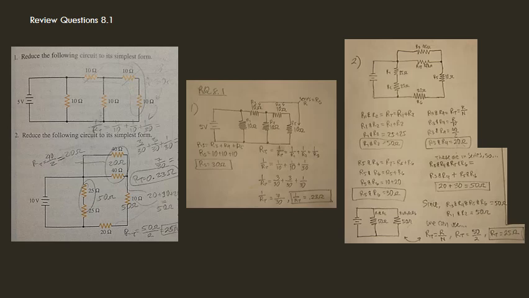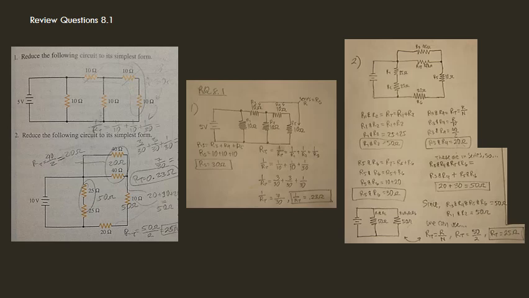So we can begin at the top with R3 and R4, which is a parallel circuit. But in this case, I decided to go another route by simplifying the other series resistances like R1 and R2.